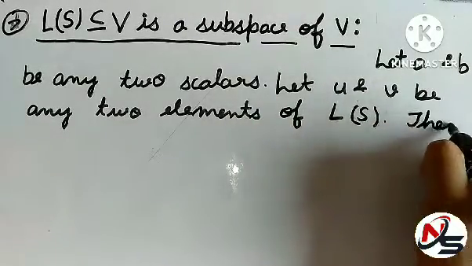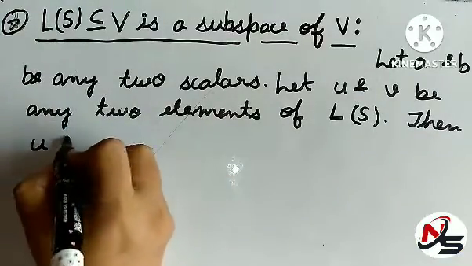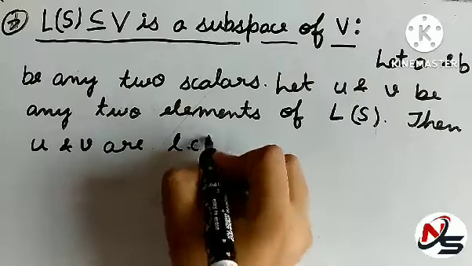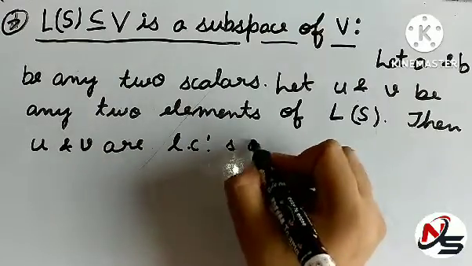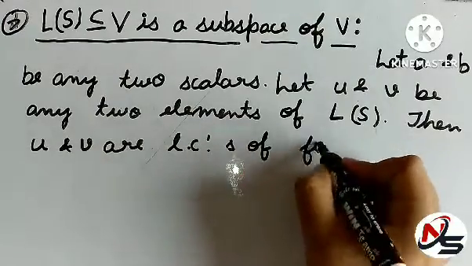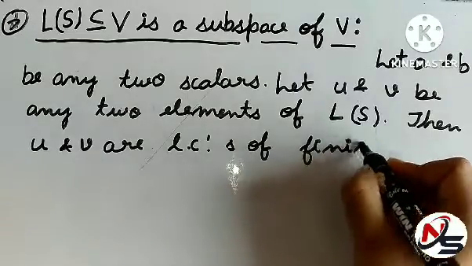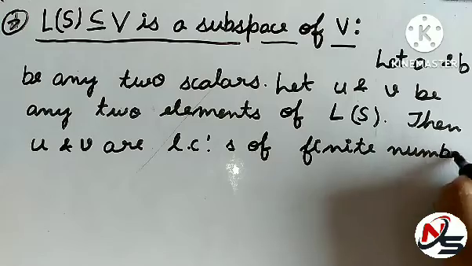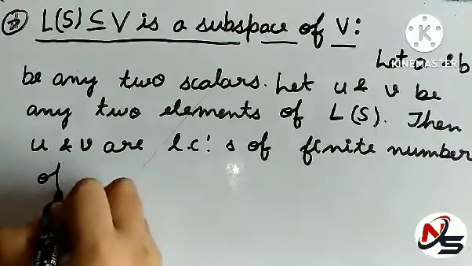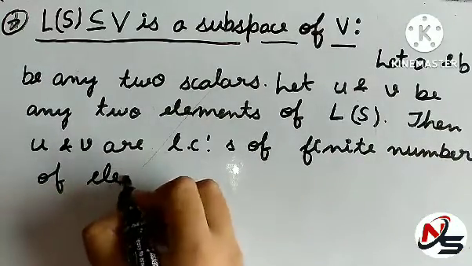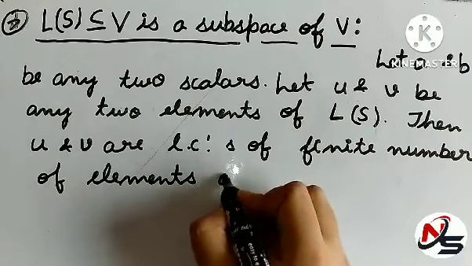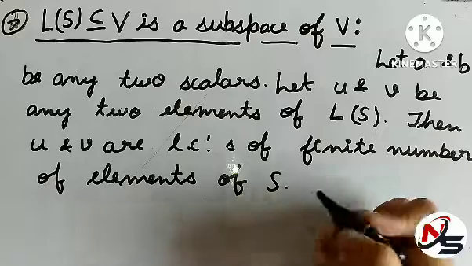Then u and v are linear combinations of a finite number of elements of S.